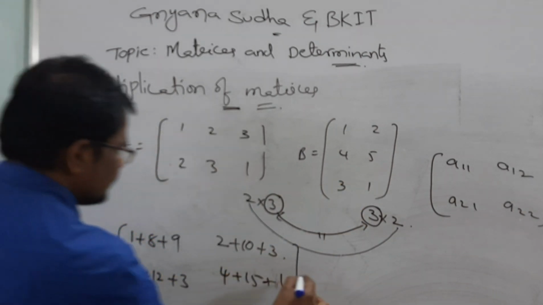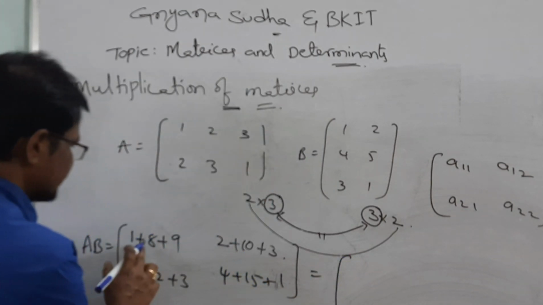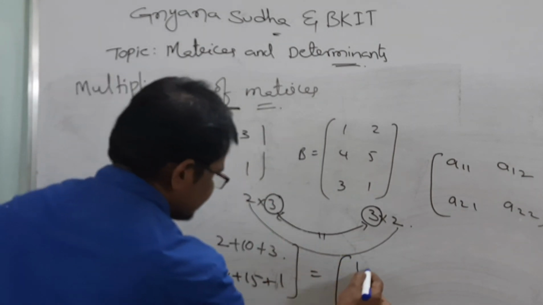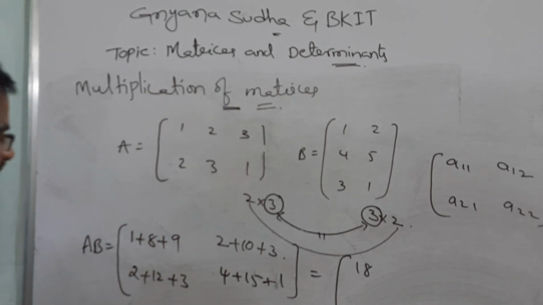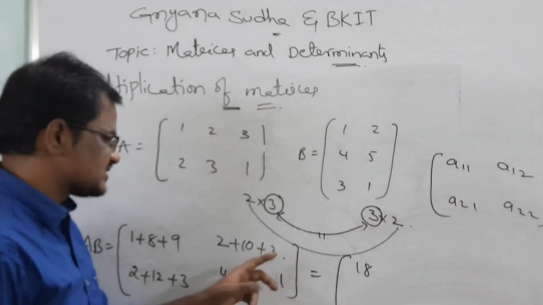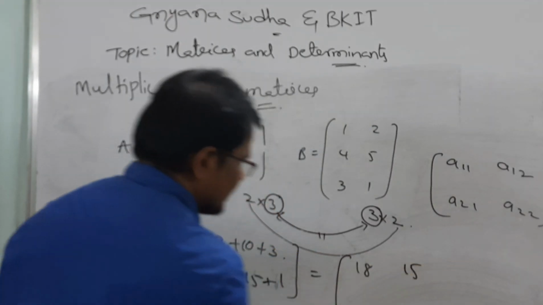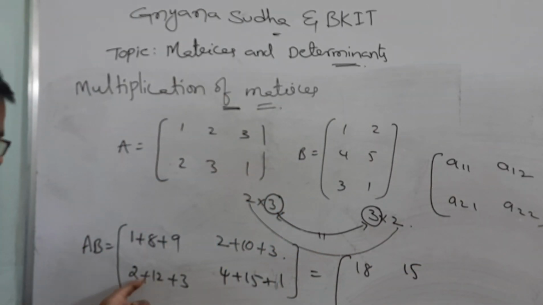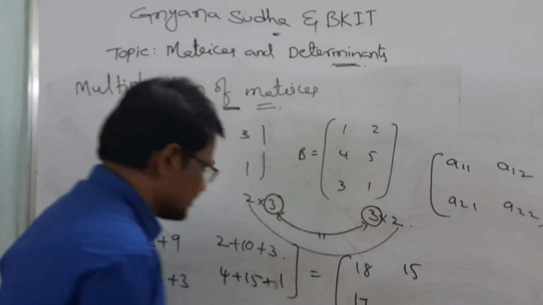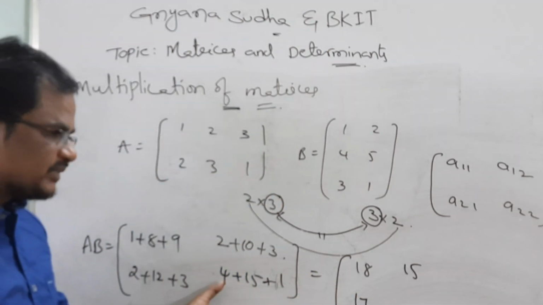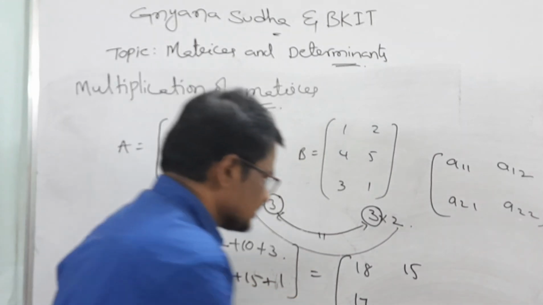That is equal to, so here this is 18. 9 plus 1 is 10, plus 8 is 18, and here 12 plus 3 is 15. Next here 2 plus 12 is 14, plus 3 is 17, and here 4 plus 15 is 19, plus 1 is 20.